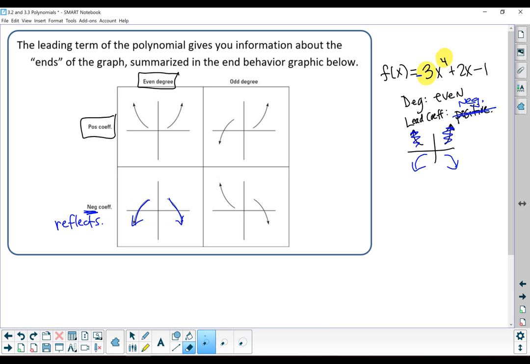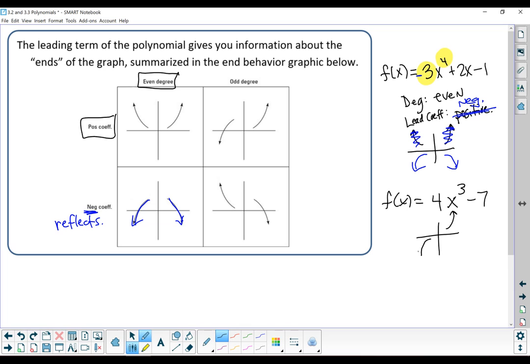All right, with an odd degree polynomial, like maybe f of x equals 4x to the 3rd power minus 7, if you looked at the ends of that, you would see that this one is up high, because if we raise positive numbers to an odd power, they're still positive.